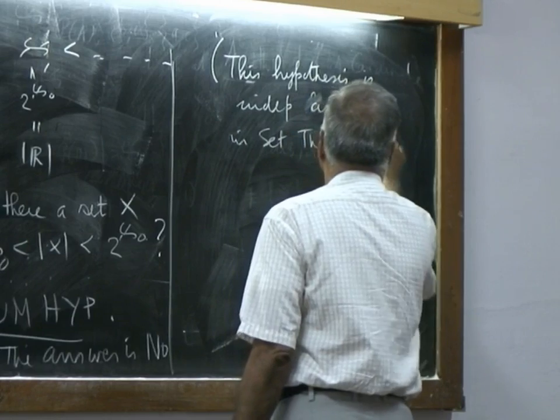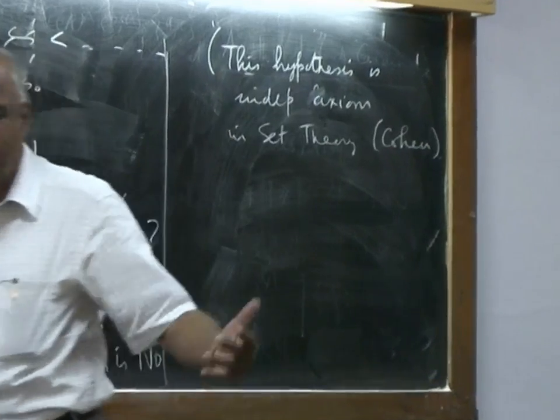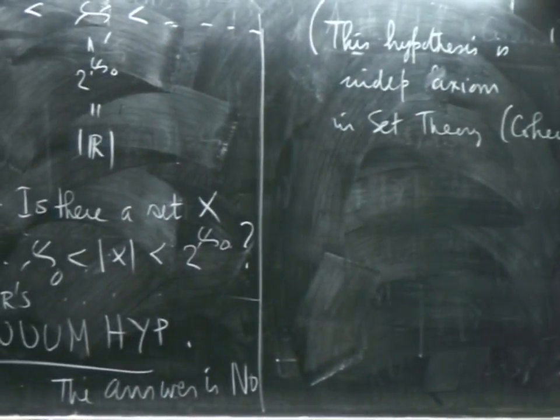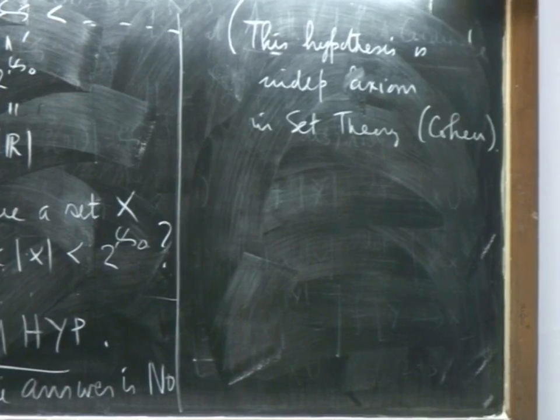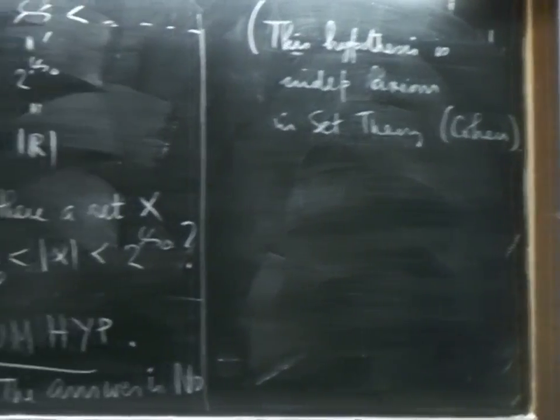So this was shown by Cohen, somewhere around the 1950s. In the middle of the 20th century, there were two such great results. One was Gödel's incompleteness theorem, and immediately together with it was Cohen's independence of the continuum hypothesis.